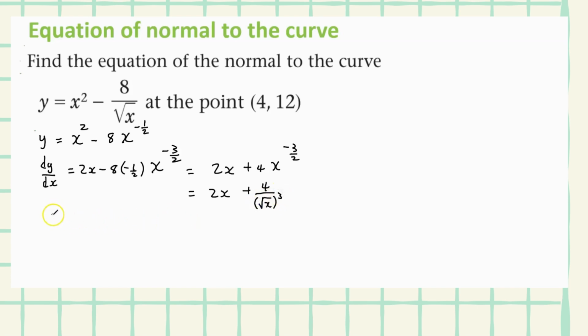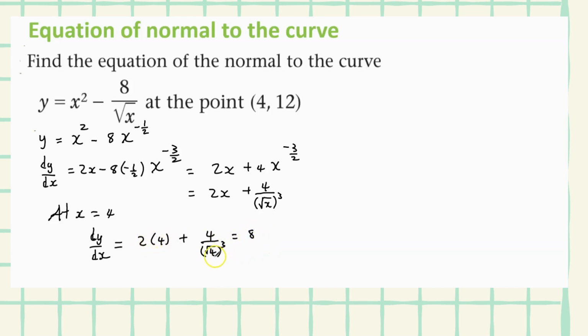So at the point x equals 4, we can find the gradient. We can write the value of the gradient, dy by dx, equals 2 times 4 plus 4 over the square root of 4 cubed, and that gives us 2 times 4, 8.